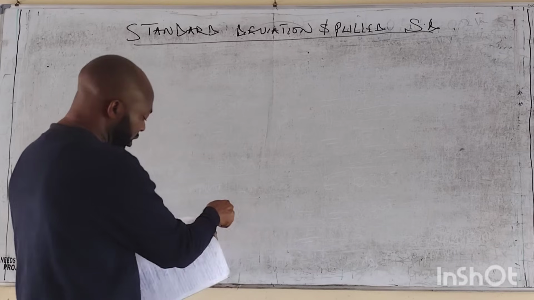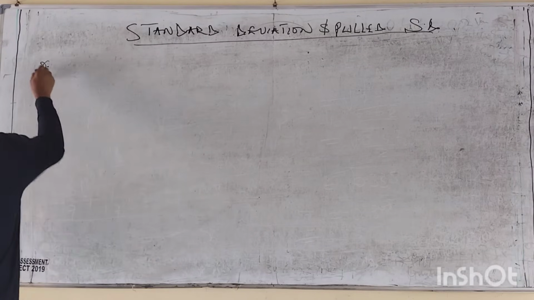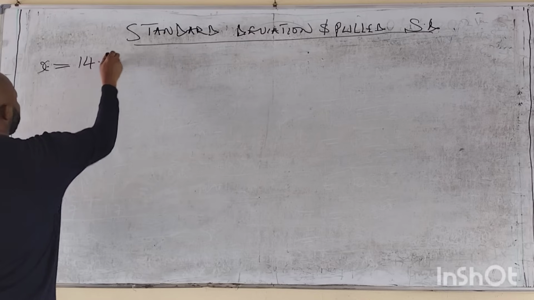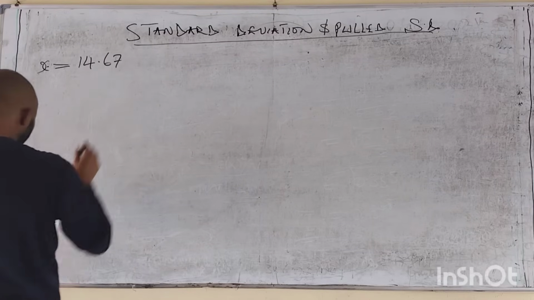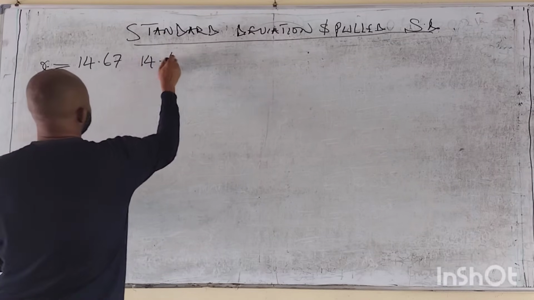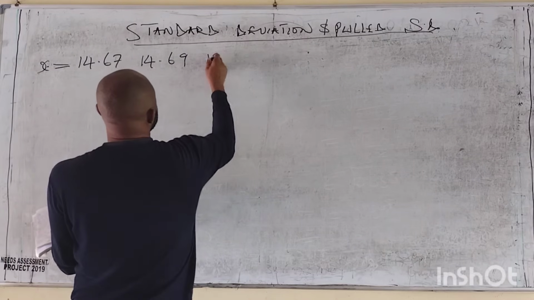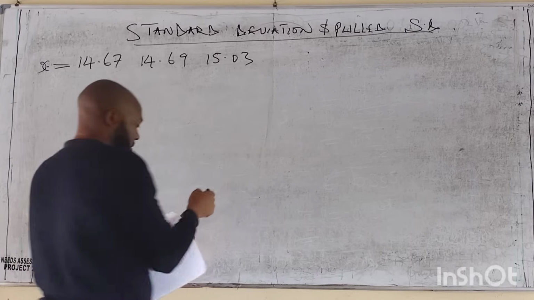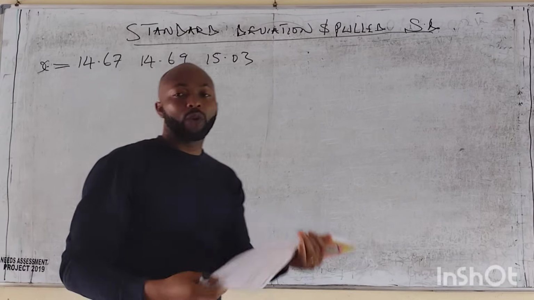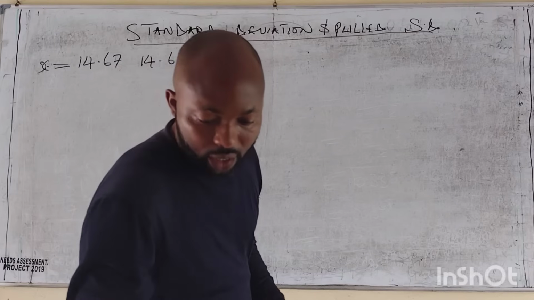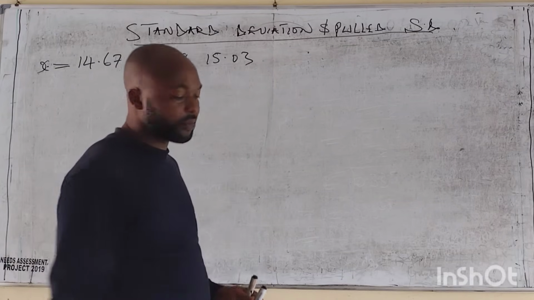We have 14.67, so our x here is equal to 14.67, 14.69, 15.03. So we're going to calculate the mean and the standard deviation.